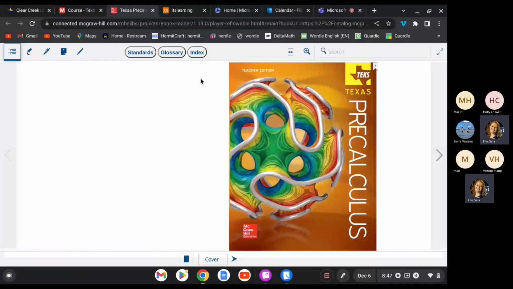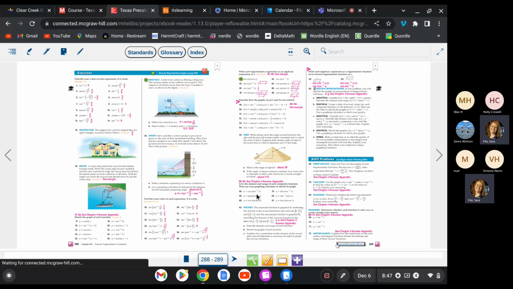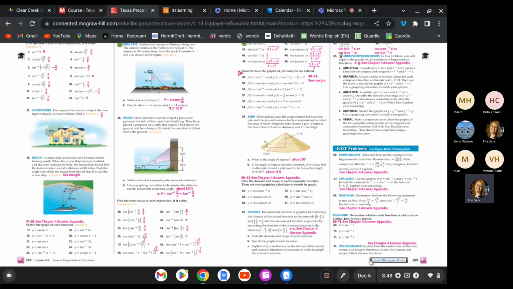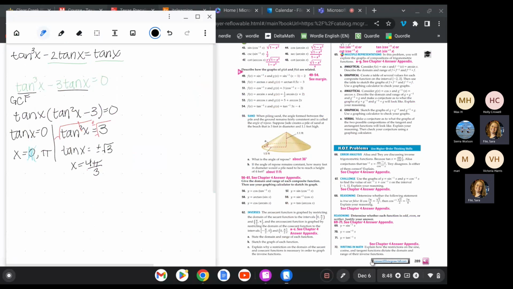Okay, so let me go to 288. The tricky part for the inverse, what I think trips people up, is usually knowing your restrictions. So let me refresh on that before I even do a problem here.